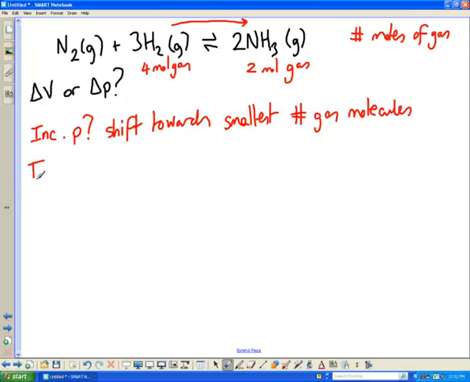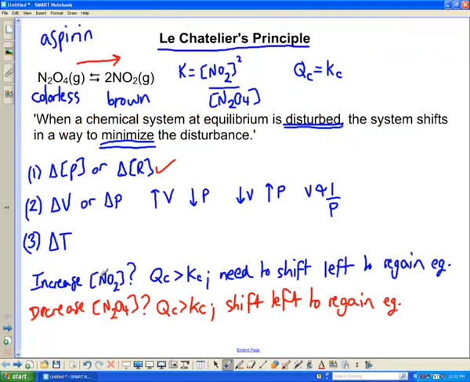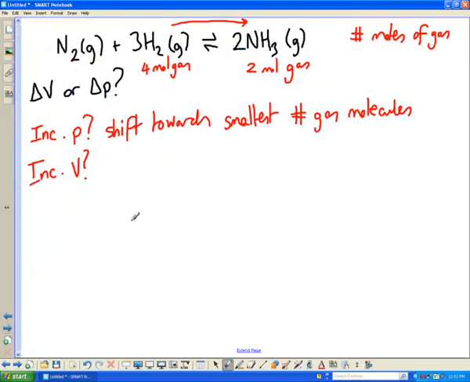What if I was to increase my volume? Well, remember we said before that volume and pressure are inversely proportional. If I increase my volume, then that means my molecules have more room to spread around. If they have more room to spread around, the equilibrium is going to shift to the side that gives me more moles of gas. So in that case, we're going to see the opposite to what we saw up above.